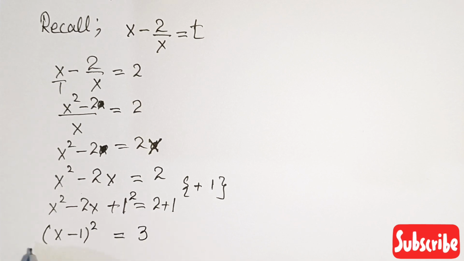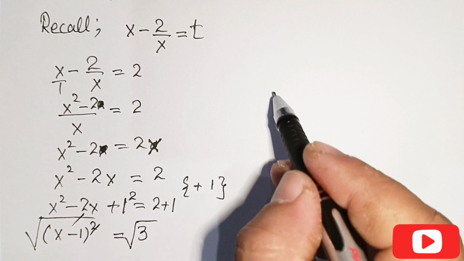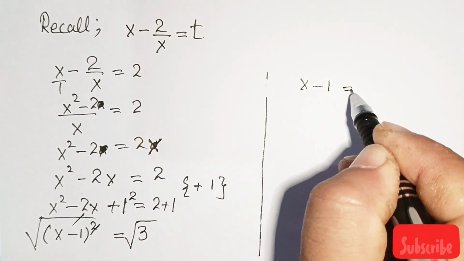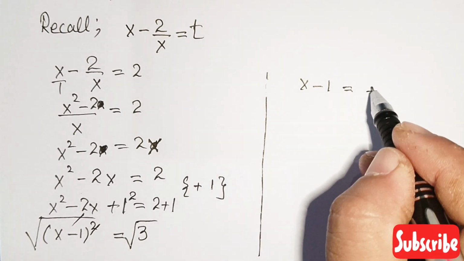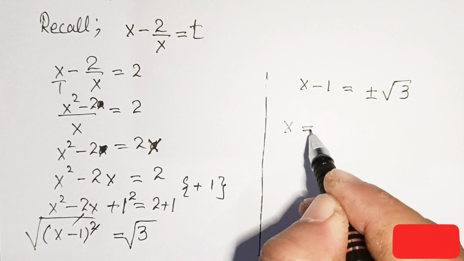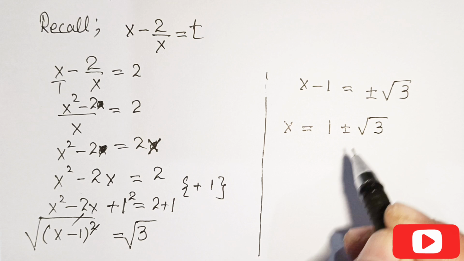If we take square root on both hand sides, the square cancels out with the square root. Then we have x minus 1 is equal to plus minus square root of 3. Shifting this minus 1, we get x is equal to 1 plus minus square root of 3.